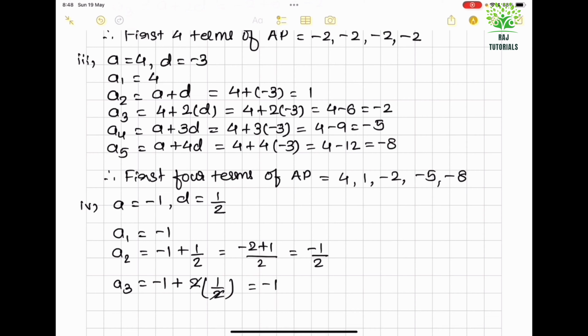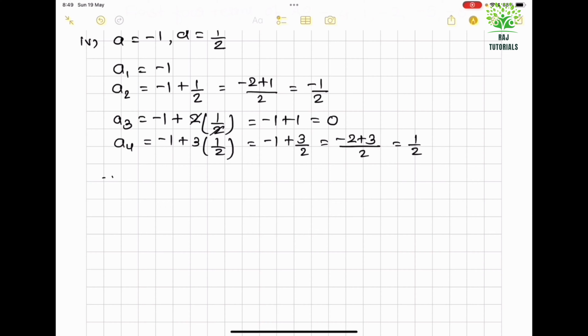So 2 cancel. So minus 1 plus 1, so 0. A4 is minus 1 plus 3 into 1 by 2. So that is minus 1 plus 3 by 2, minus 2 plus 3 by 2, 1 by 2. So I can say, therefore, first 4 terms of AP are minus 1, minus half, 0, half, and so on.